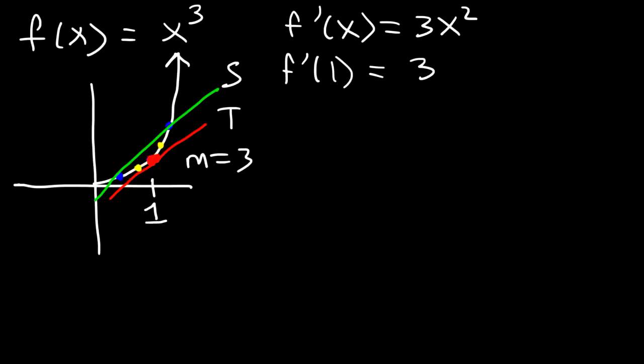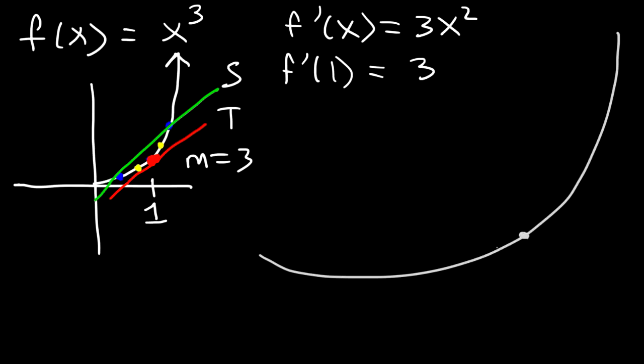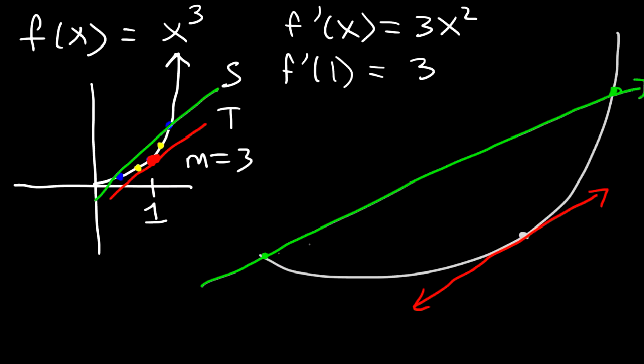I may need to draw a bigger picture. So let's say here is the point of tangency, and that's the tangent line, which I missed the point. If I choose these 2 points to be the points of my secant line, as you can see, these 2 lines are not really parallel, so the slopes will differ.